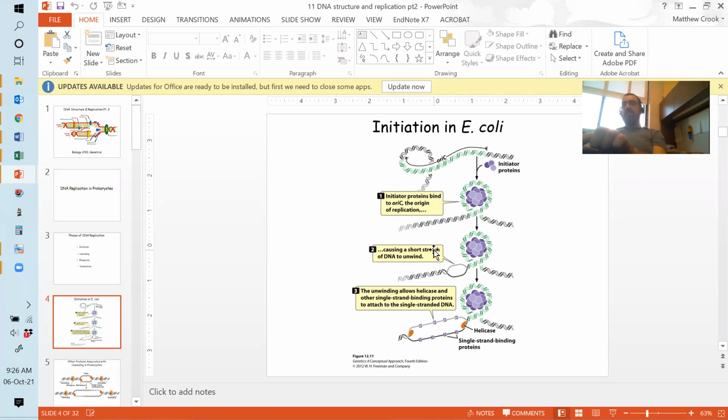So essentially, just downstream of the origin of replication or replication origin is an AT-rich sequence. And what happens is essentially the initiator proteins, which recognize that origin of replication, bend the DNA.